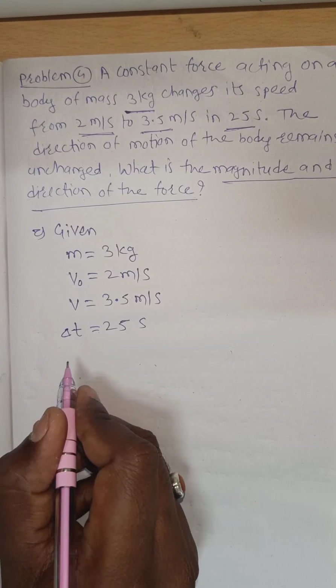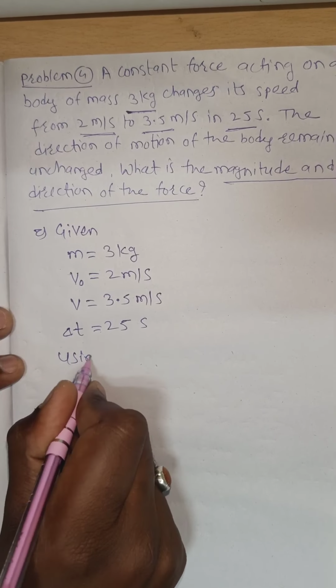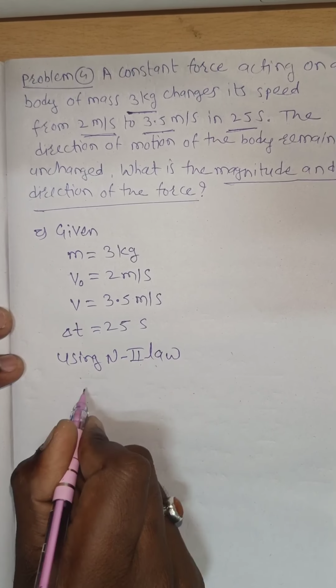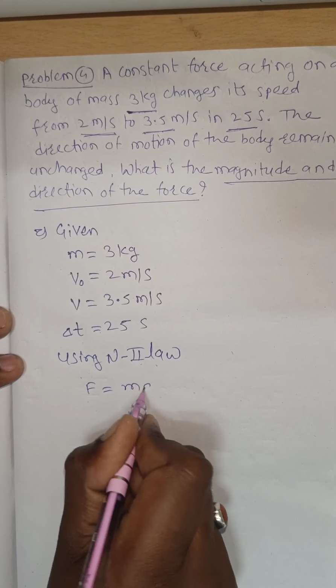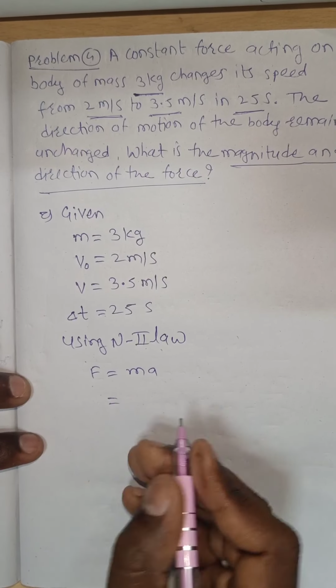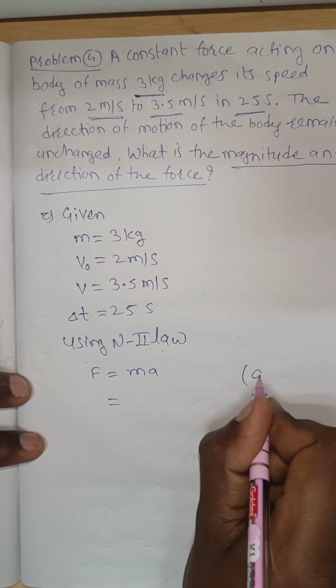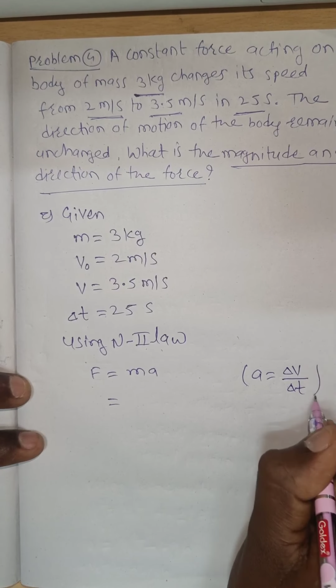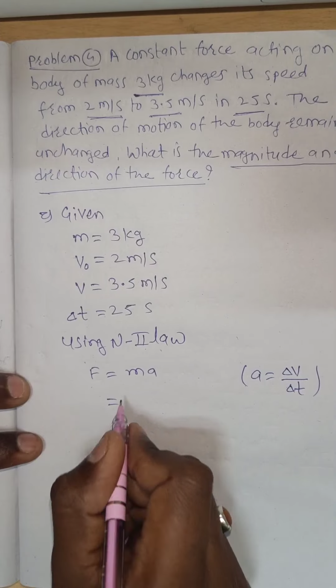Then we know that, using Newton's second law, force is equal to mass into acceleration. You know that acceleration is equal to delta v by delta t.